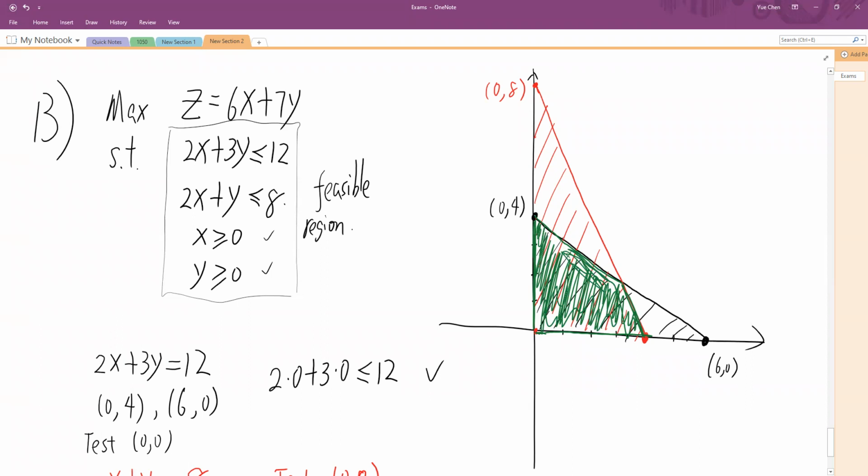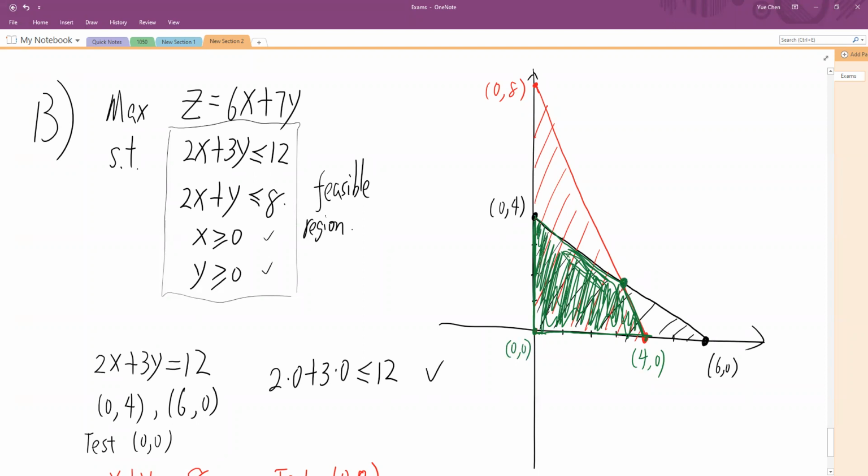So since this is feasible, the next thing we need to find is the corner points for this feasible region. So we know this point is 0, 4. And then we know this point is 4, 0, right? And we know this point is 0, 0. So the only thing left is this point, right?